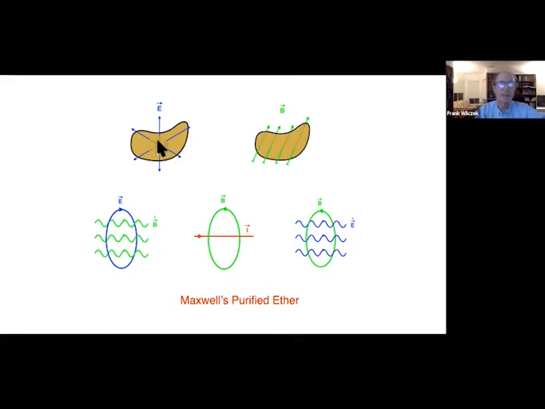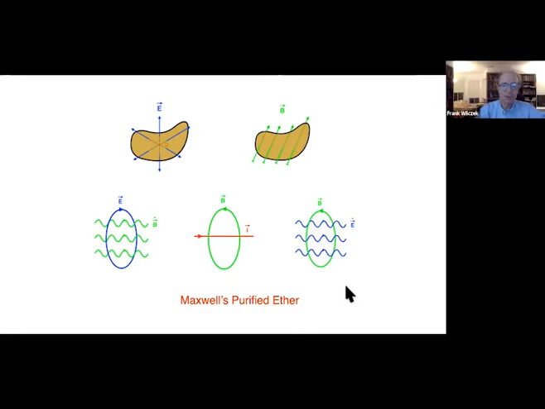The equations of Maxwell say that the electric fields flowing out of a certain surface reflect the charge inside, that changing magnetic fields generate electric fields that circulate around them, and changing electric fields give circulating magnetic fields, and so forth.